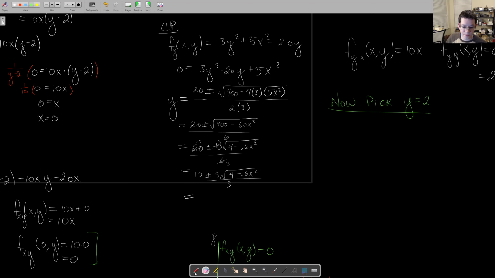And I could plug it into this equation, but this is going to get messy. So I'm going to plug it into this one and use this equation again. 0 equals 3 times 2 squared minus 20 times 2 plus 5x squared. So then we have 0 equals 3 times 4 minus 40 plus 5x squared. 0 equals 12 minus 40 plus 5x squared.